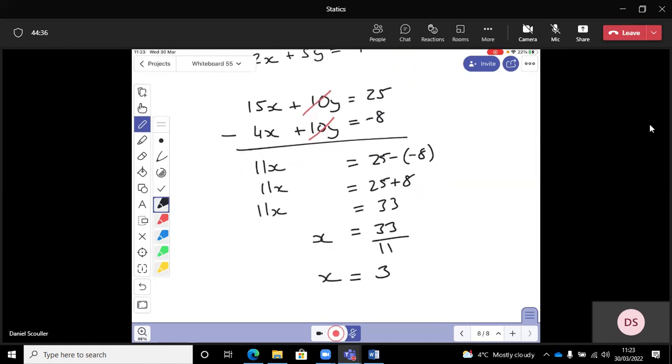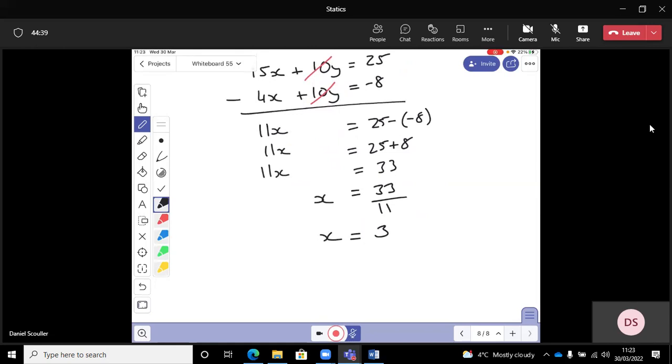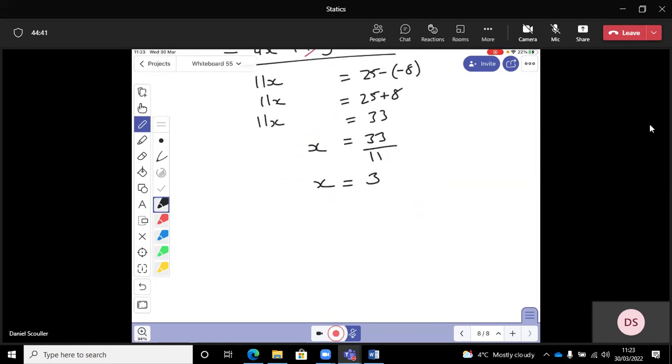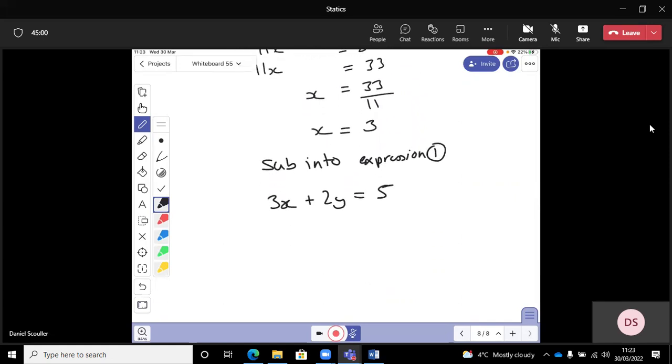Okay, so we've eliminated the y. We can then sub into expression 1, which was 3x plus 2y equals 5. We're going to substitute x equals 3 where there's an x.